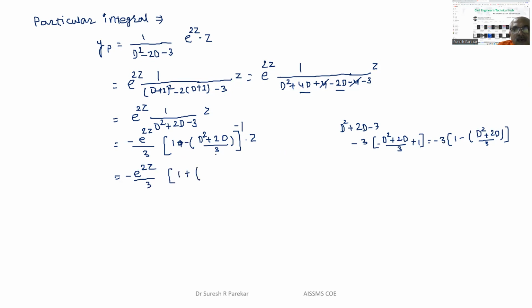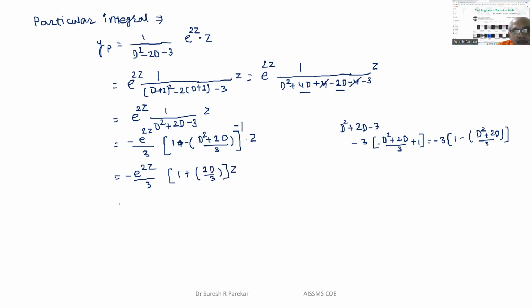Now we need not require to go for square because we have z. And we know d of z is 1. D square of z is also 0. So we do not have d square term also. We can directly write that is 1 plus 2d upon 3, and that is into z.